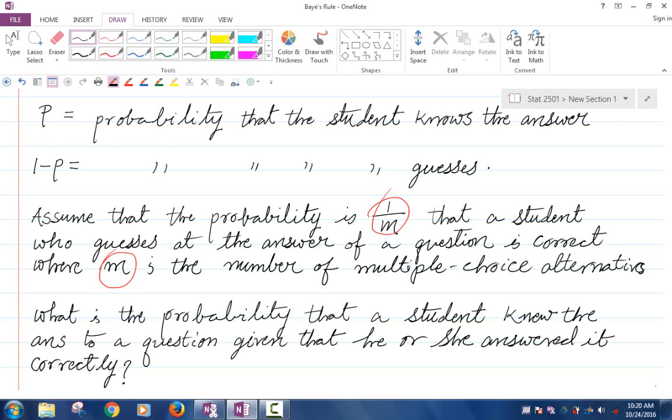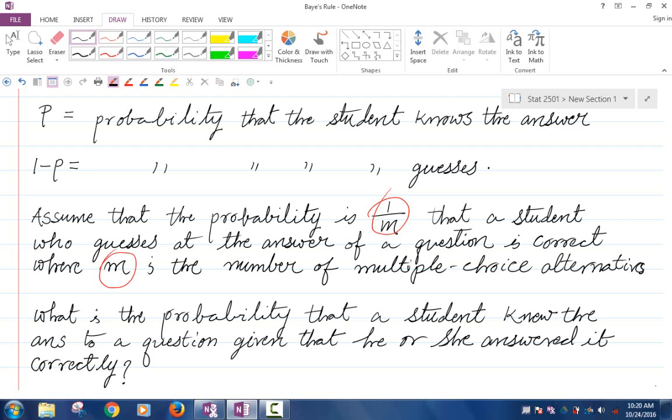When you guess, if you have a question with m alternative answers, then the probability that you are going to be correct is 1 over m, because you have m choices. So you're going to randomly choose one of them.